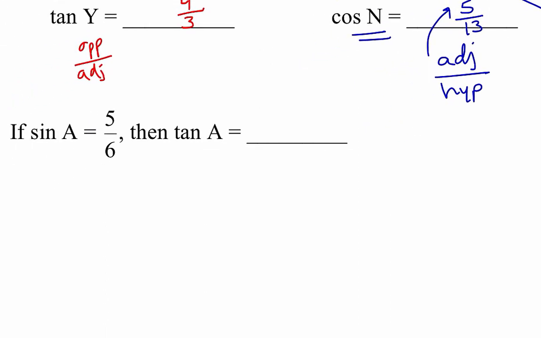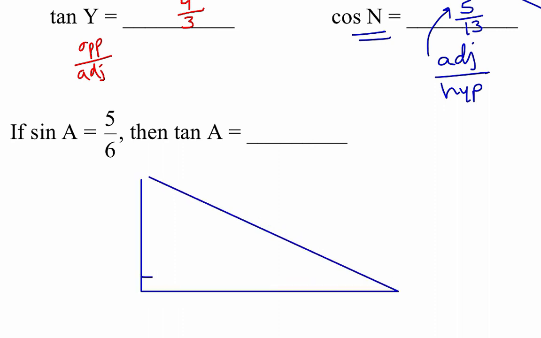So what do I do if I have a problem like this? It says if the sine of A is 5 over 6, then the tangent of A equals what? Well, what I suggest you do is you draw yourself a right triangle and think about what this means. Any of these angles could be A, usually not the right angle we're talking about. So I'm going to call this angle up in the corner A. It says the sine of A is 5 over 6, but I know that the sine is the opposite over the hypotenuse.